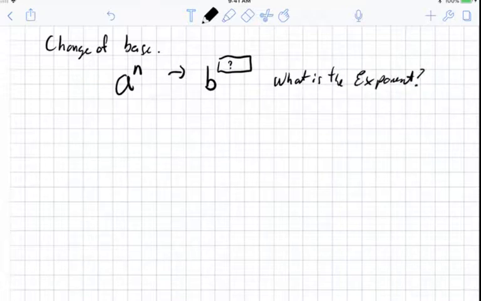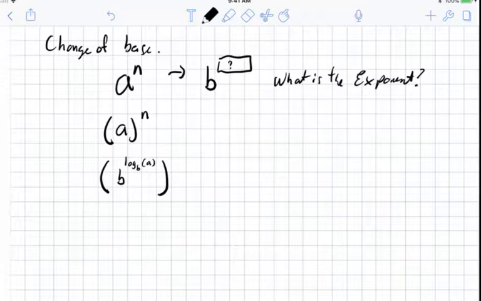We do it in 3 steps. First step, you put parentheses around the a. Second step, you rewrite a as b to the log b of a. According to the inverse property, that should be equal to a.